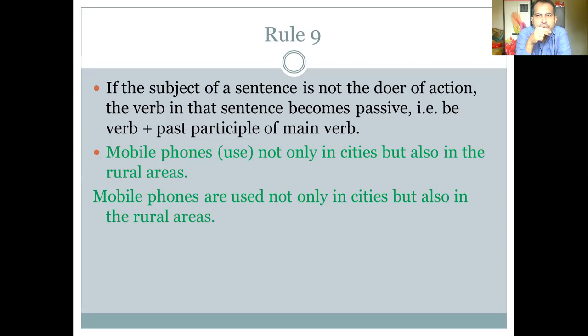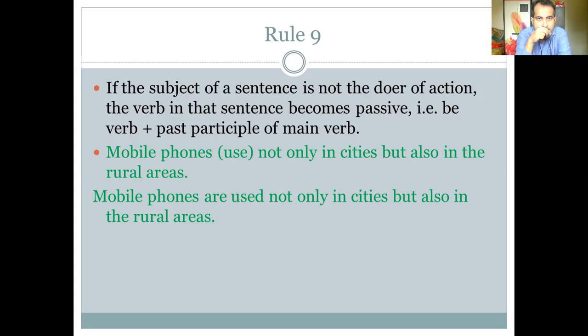If the subject of a sentence is not the doer of the action, that means the subject in the sentence is displaced, then most often it is passive voice, and the doer may remain silent or hidden. In that case, the rule of passive voice applies.